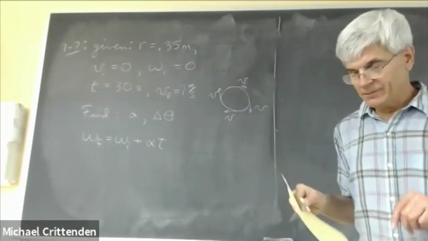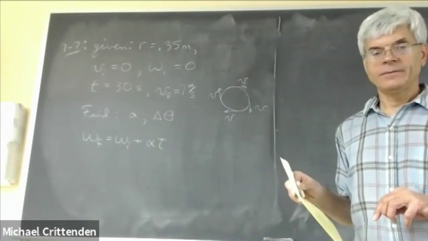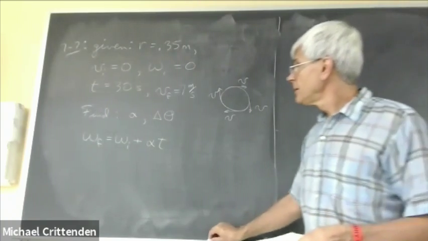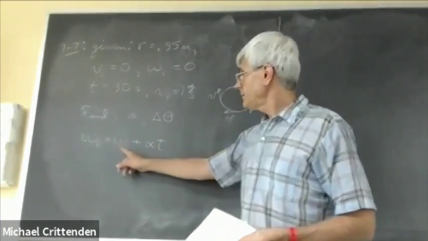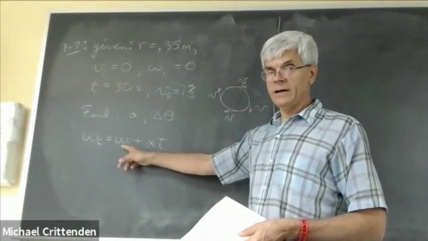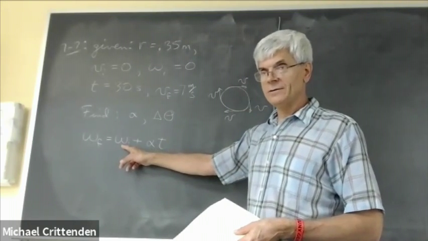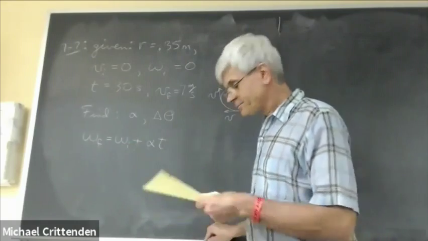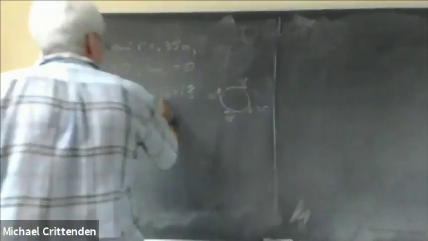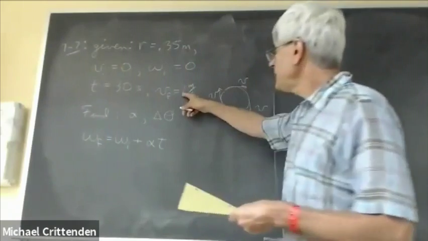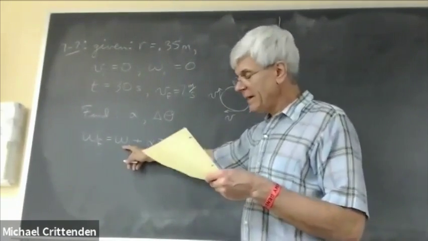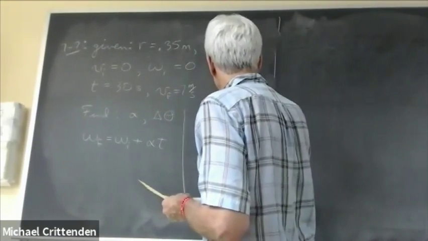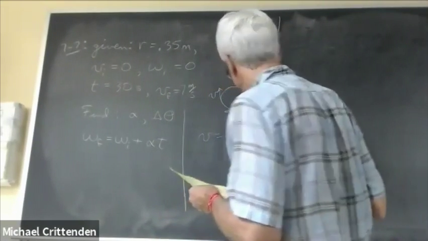And one more time, because even after one more time, somebody's still going to do this. But do not put the 7 in there for omega initial. My red pen is waiting for you. This is V. V is related to omega by, go over here on the side, V equals R times omega.